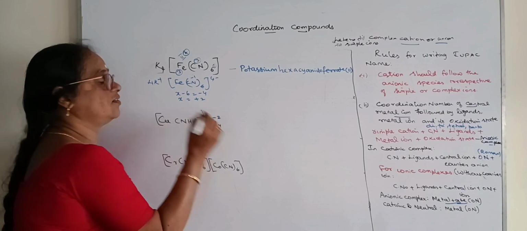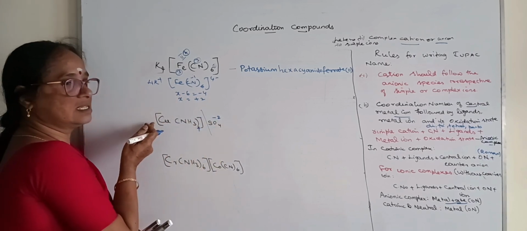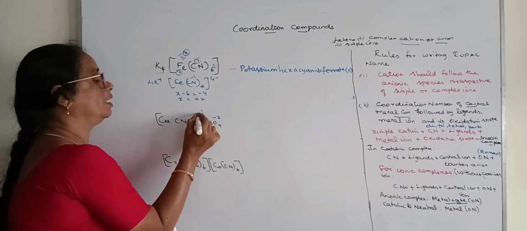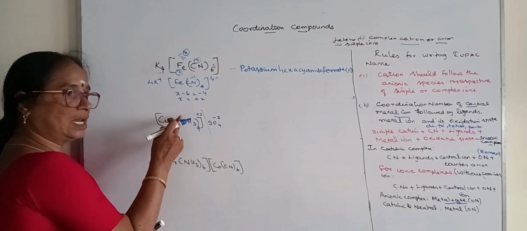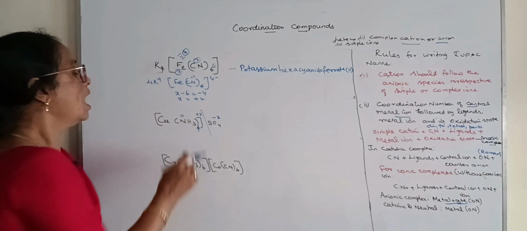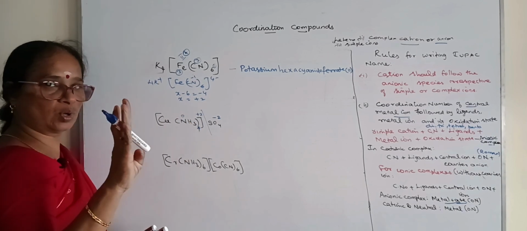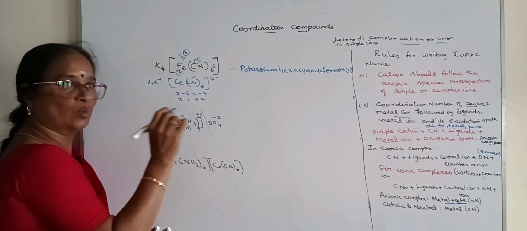The charge of sulfate is -2. Therefore, the counter charge of the cation will be +2. Now, the ligand is a neutral ligand, so the charge of the ligand is 0. How many ligands do I have? 4. So 4 into 0 is equal to 0 only.